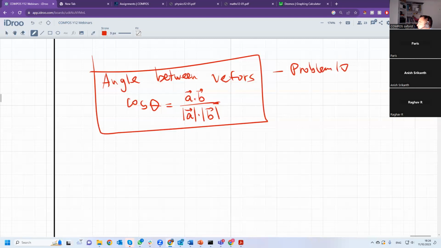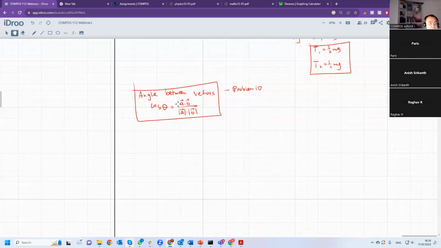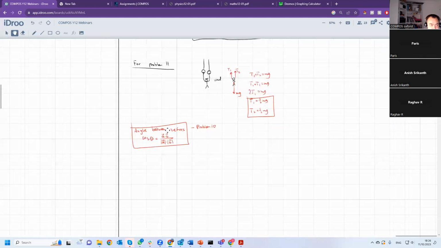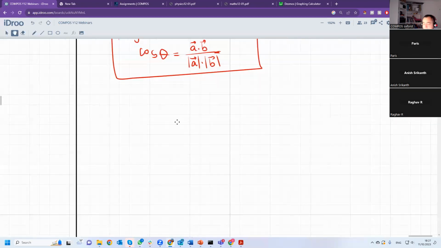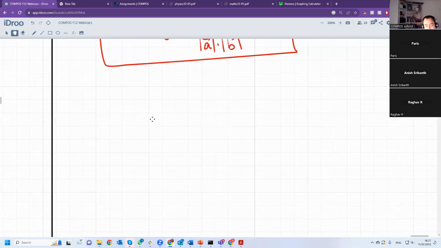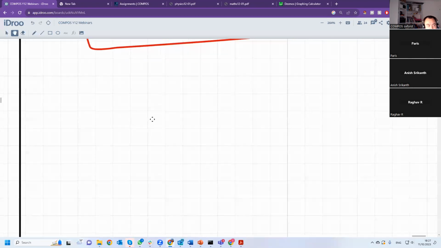Okay, what is calculus? Calculus is the study of infinitely small numbers. I know that doesn't really help, but I don't know how to put it in simpler words.